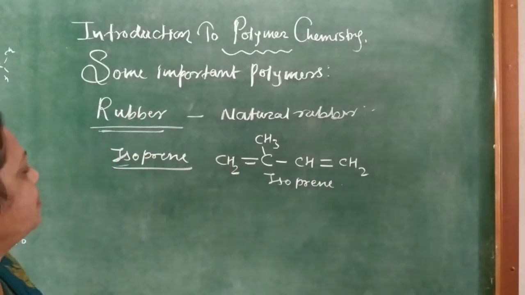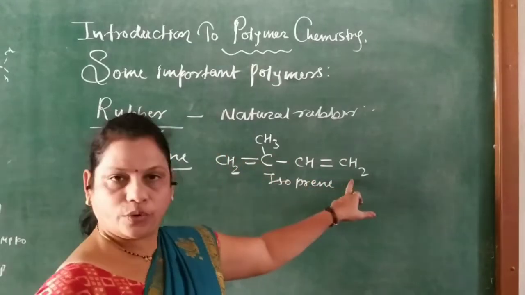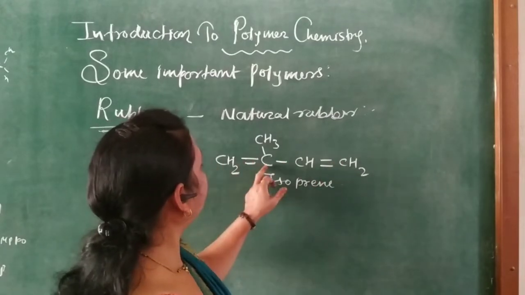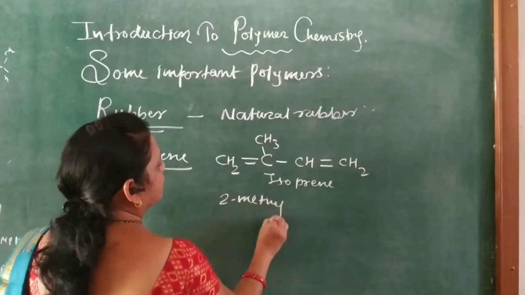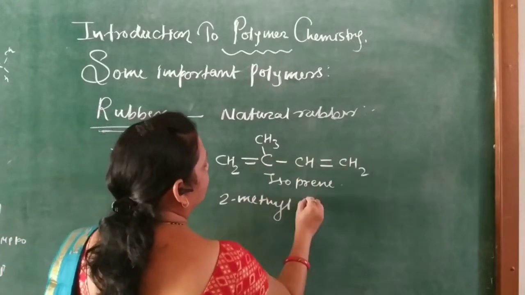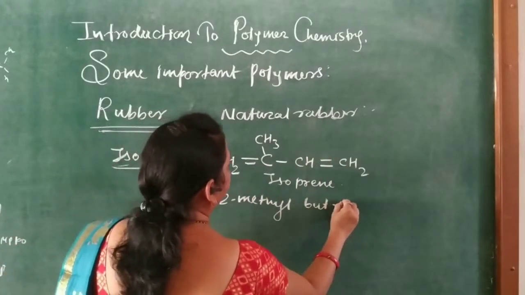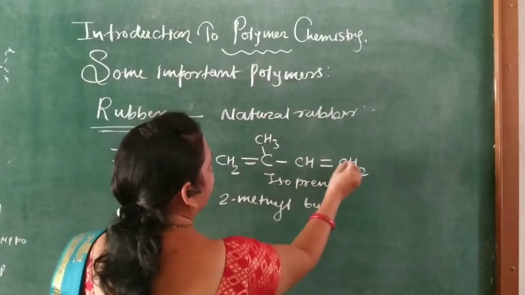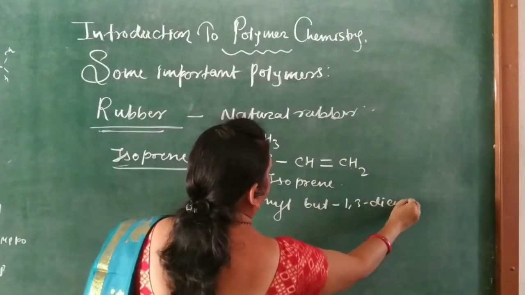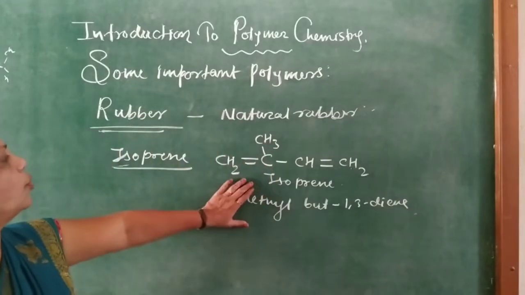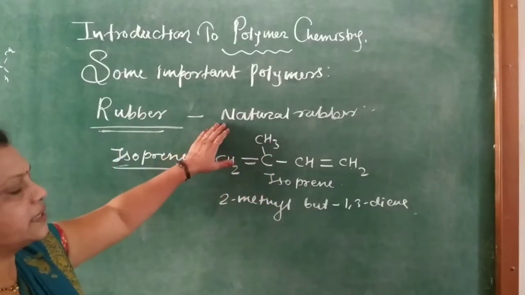The IUPAC name is 2-methyl-1,3-butadiene, with carbons numbered 1, 2, 3 and 4, and the diene at 1 and 3. So this is the monomer for natural rubber.